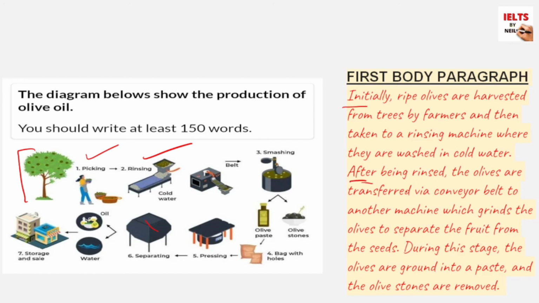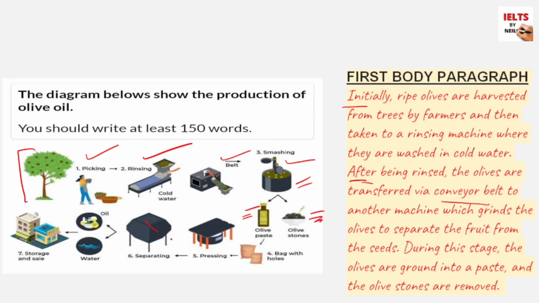The olives are transferred via conveyor belt to another machine which grinds the olives to separate the fruit from the trees. So this is the conveyor belt, and smashing is taking place now. During this stage the olives are ground into a paste and the olive stones are removed. So this is the olive paste that is made, and olive stones are removed here. So these are the two byproducts of this process. So in the first body paragraph we have covered the first 3 stages.